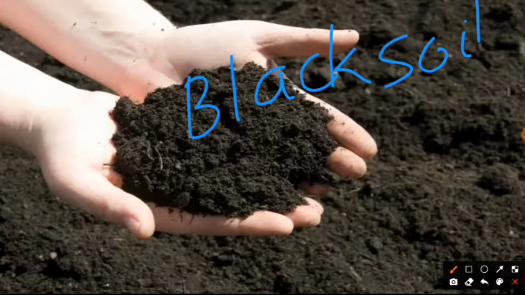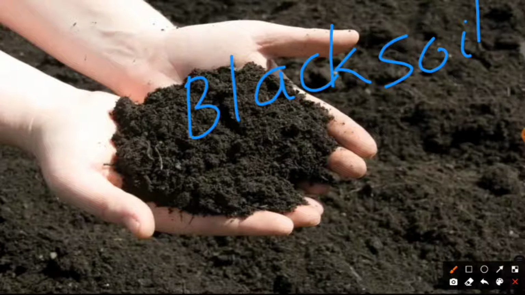And let us see what are all the nutrients contained in this black soil, such as calcium carbonate, magnesium, potash and lime. And these soils are generally poor in phosphoric content. They develop deep cracks during the hot weather, which helps in the proper aeration of soil.